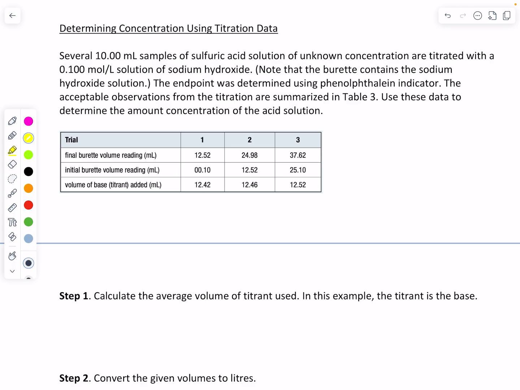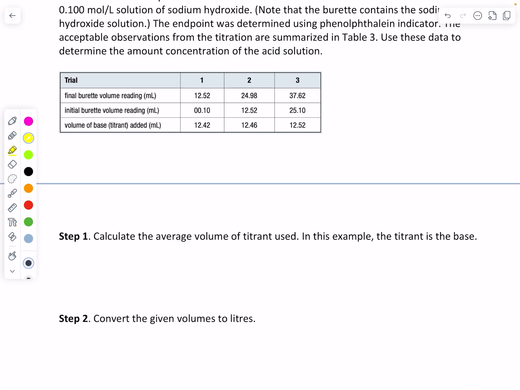First thing we want to do is calculate the average volume of titrant used. So if you look, we have 3 different volumes used in the 3 different trials. So the average volume of sodium hydroxide, our titrant, that we used for the titrations to reach our endpoint were 12.42 milliliters, 12.46 milliliters, and 12.52 milliliters.